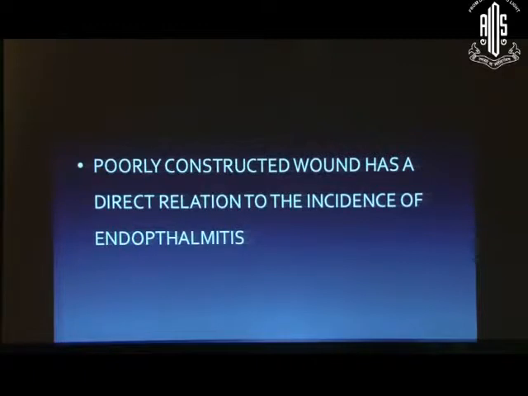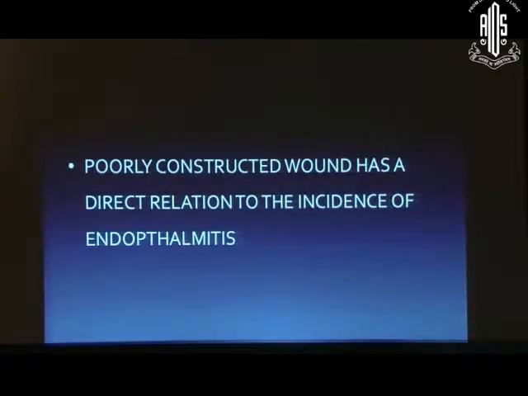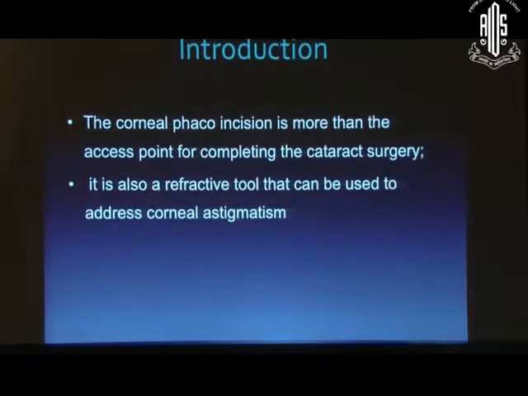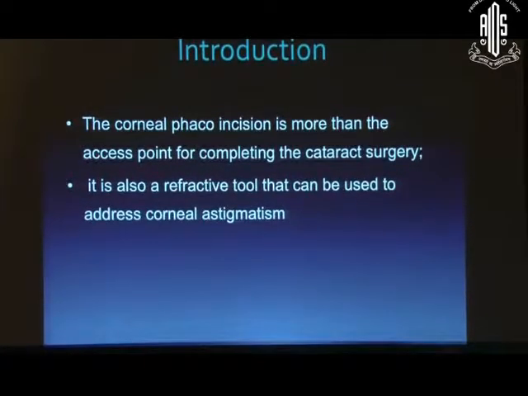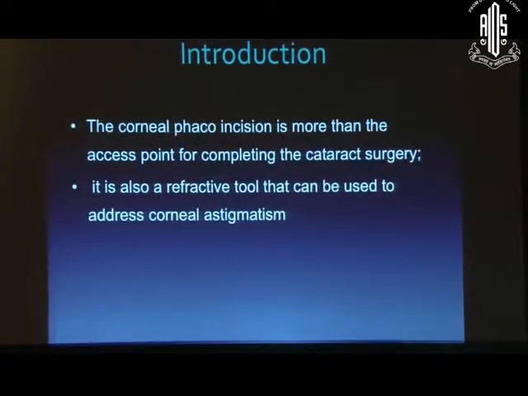So exactly how do we construct a wound which is good and which we consider to be a well-balanced, neutral, self-sealing wound? Not only does a corneal incision act as a point of access for your surgeries, but it is also a refractive tool to address corneal astigmatism.